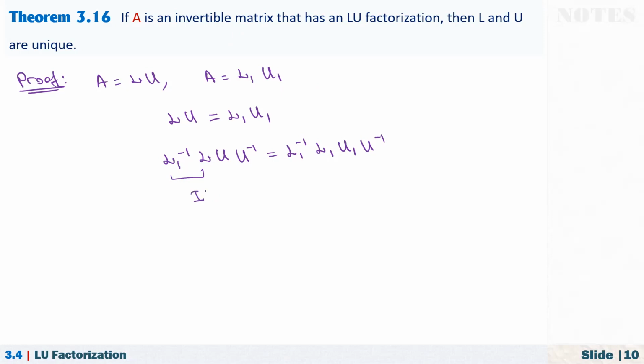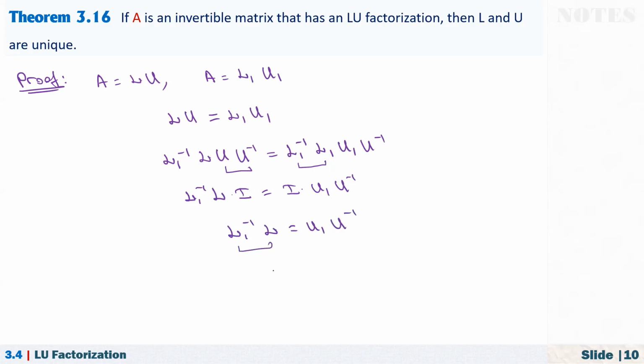We don't know yet, so that is L1 inverse L. And how about U inverse? That's equal to just I. On the right-hand side, here we have U1, U inverse. So this I, the identity, gives us this equation: L1 inverse L equals U1 U inverse.